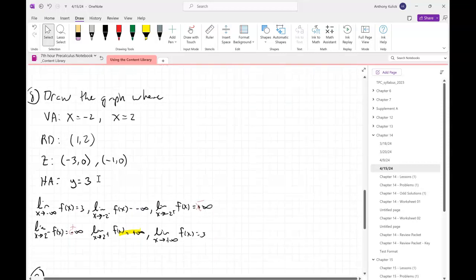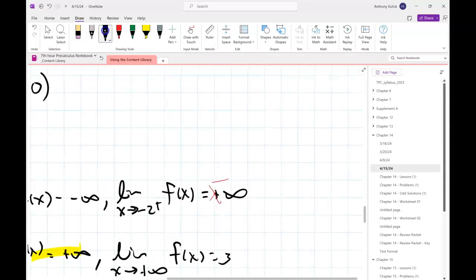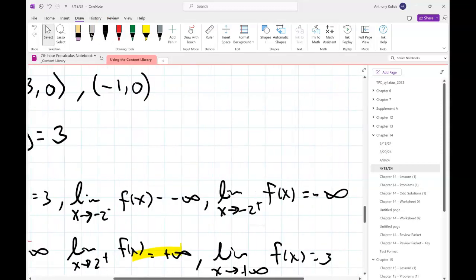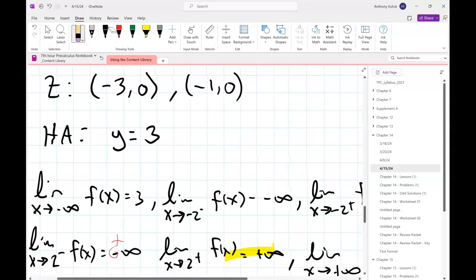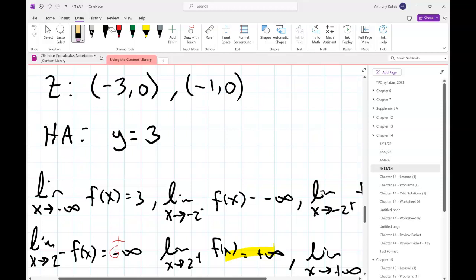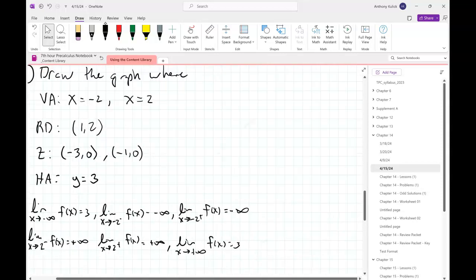So just like on the homework quiz, I'm going to give you a question where I give you some descriptions about what your graph should look like. And then your job is to draw the graph. Make sure that those are all updated.